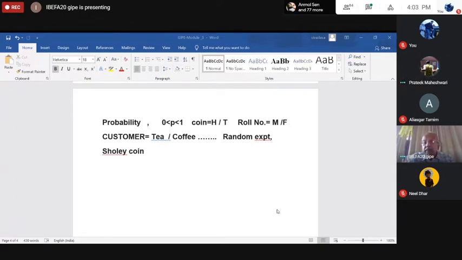Is that answer given by Pratik correct? Anybody? So it would be half, not 1 by half. That would be 2. That is what he says. He says 1 by 5. Somebody says 1 by 5.